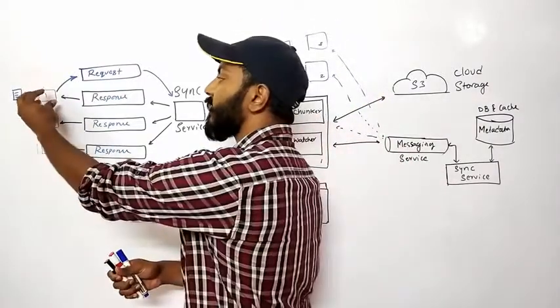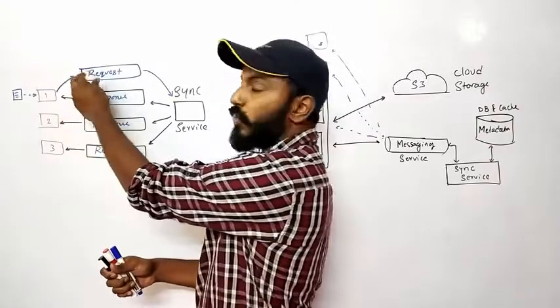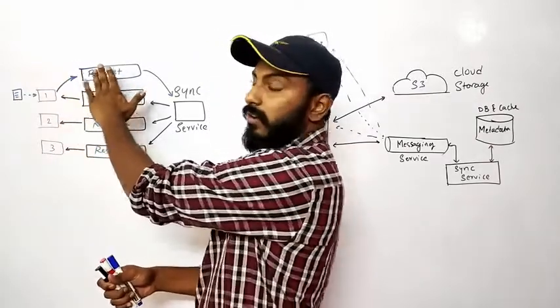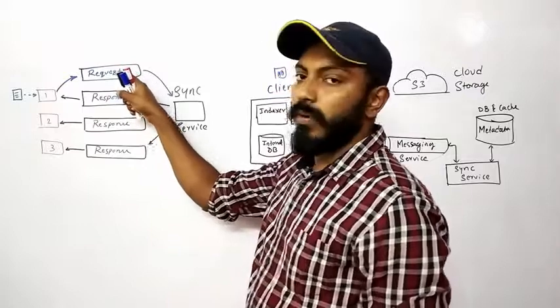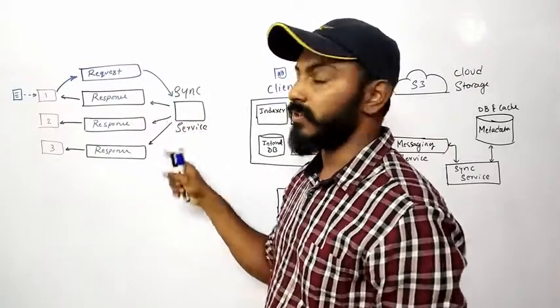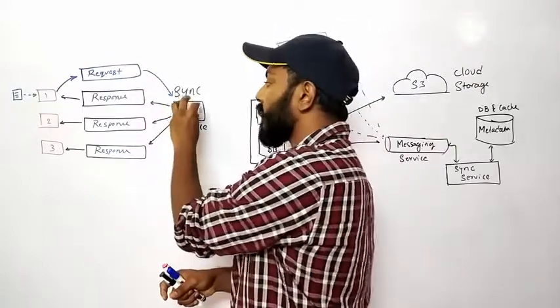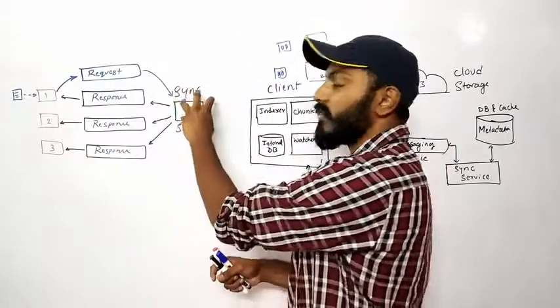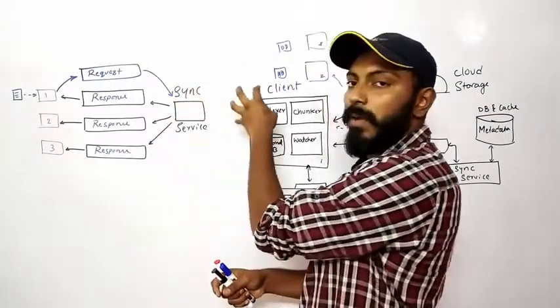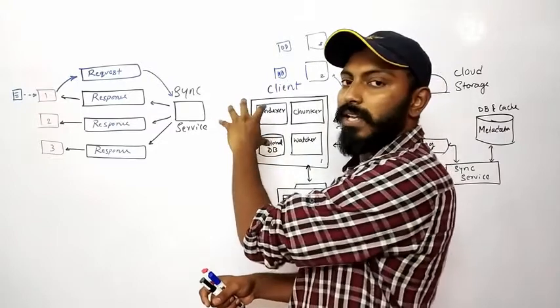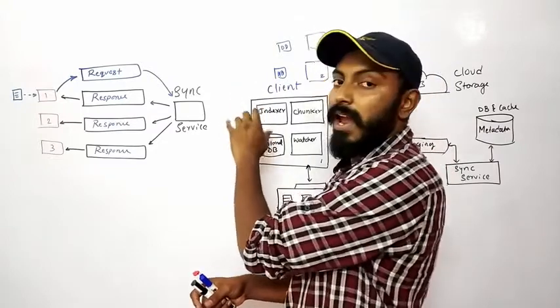So this client posts the metadata information to the request queue, and that message stays there. Then this queue is connected to the sync service, and that message will be read by the sync service. As I mentioned earlier, the sync service will update the information in the metadata store, that is the metadata DB and cache.